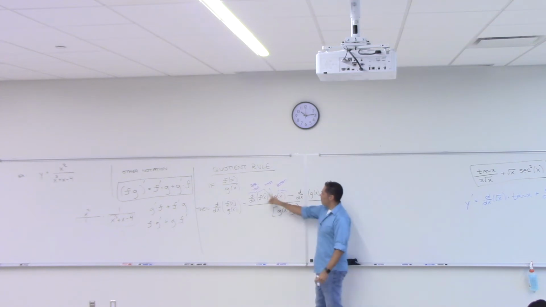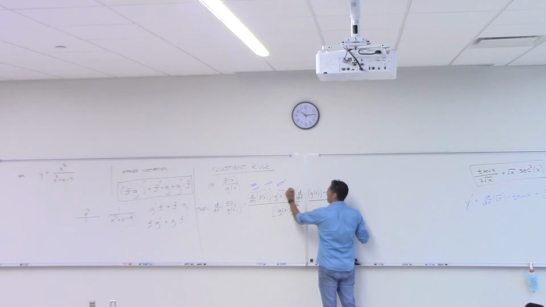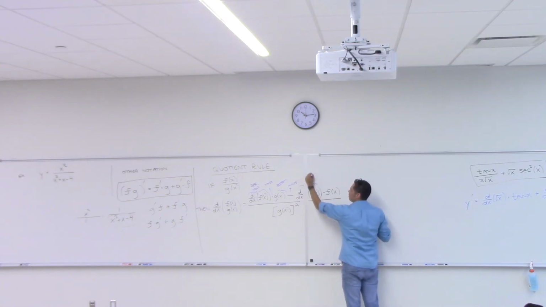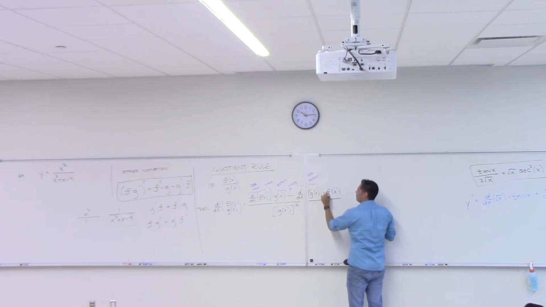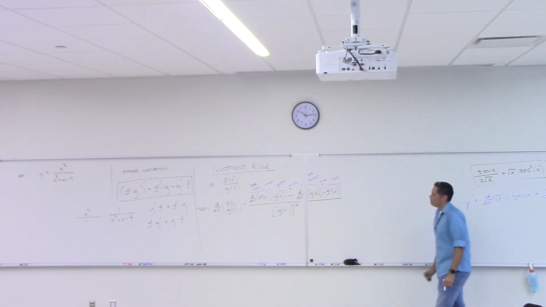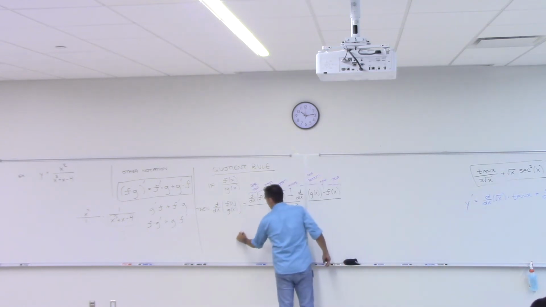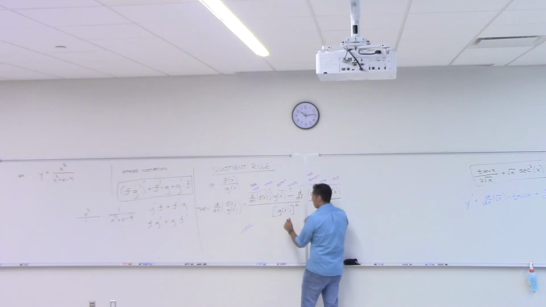So you're going to take the derivative of the top, multiply it times the bottom, then you're going to say minus the derivative of the bottom, times the top, all over, divided by, what's this? Bottom squared.